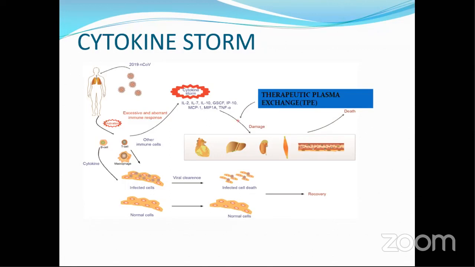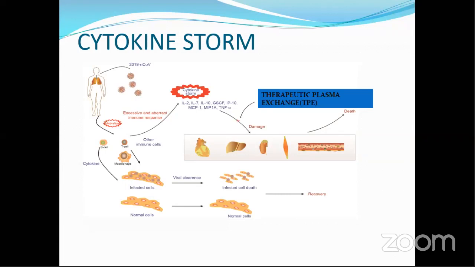This is the treatment of the cytokine storm, and therapeutic plasma exchange was used in multiple diseases. Still, this is under trials. So this is our main target, to break this cycle and remove all these cytokines from the body.